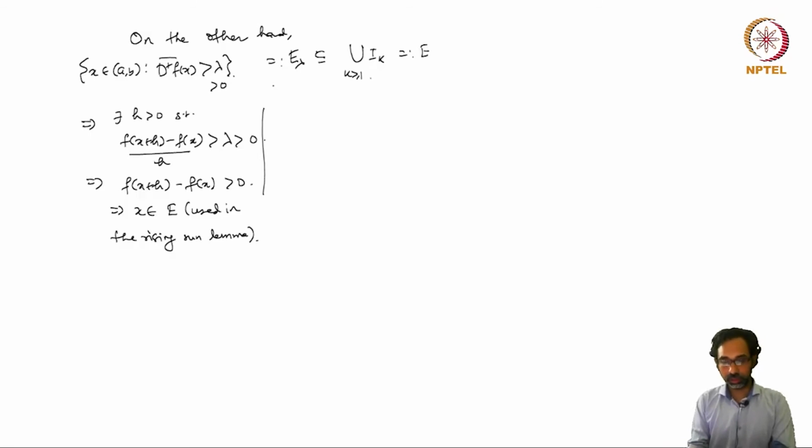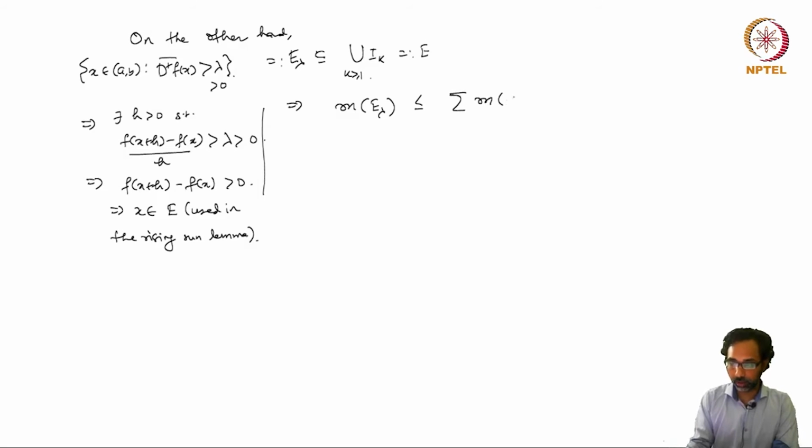So each of these E_lambda is a subset of E. This means that the measure of E_lambda is less than or equal to the sum of these I_k, k greater than or equal to 1.